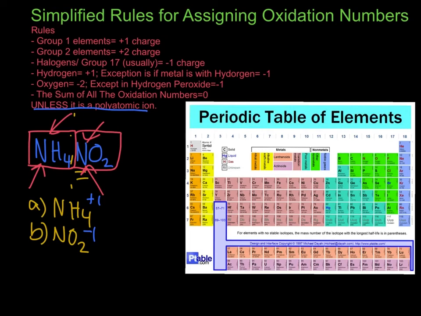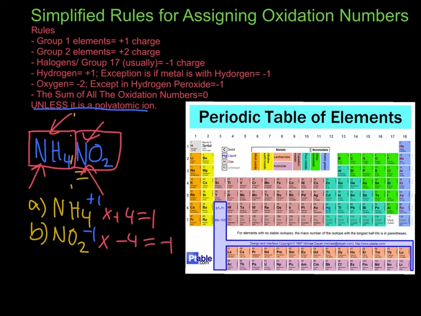So, N here, we don't know what it is. But the hydrogen here, we know what this is. This is common to us. Hydrogen is a +1, but since we have 4, it's got a +4. But now instead of equaling 0, it's going to be equal to +1. And right here too, oxygen is typically -2, but since we have 2 of them, it's -4. But we don't know what nitrogen is.